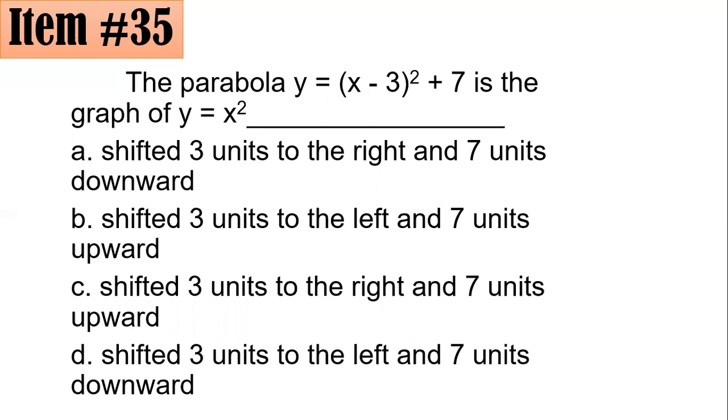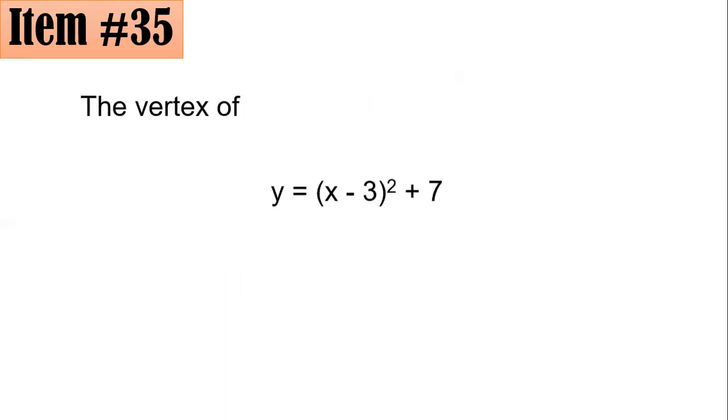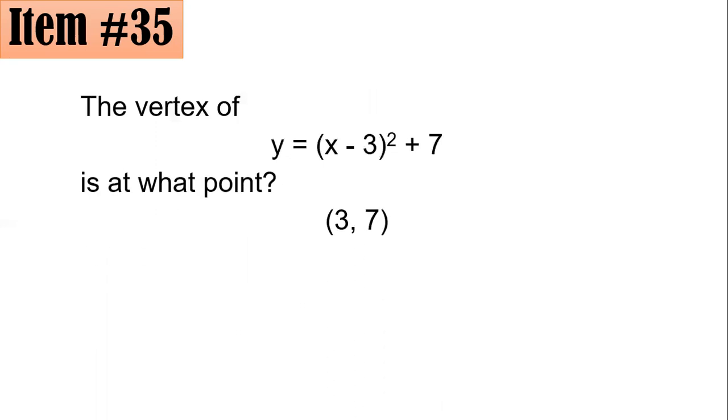So in solving a problem like this, what we have to do is identify the vertex first. Using our knowledge about finding the vertex of a parabola, this is in fact in vertex form already, and the vertex of this is at the point (3, 7).